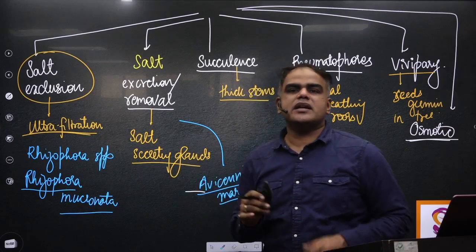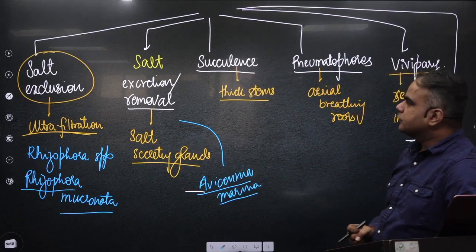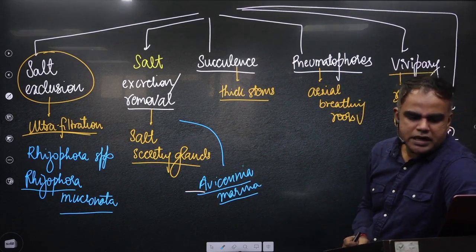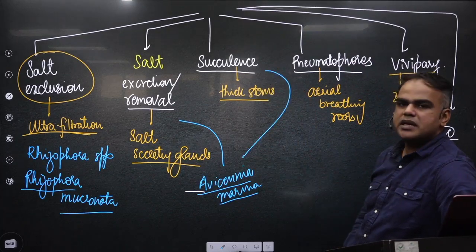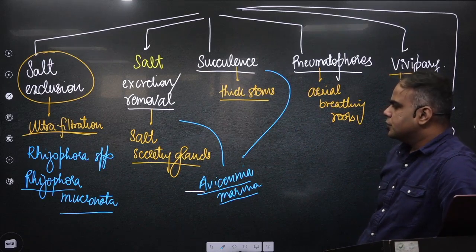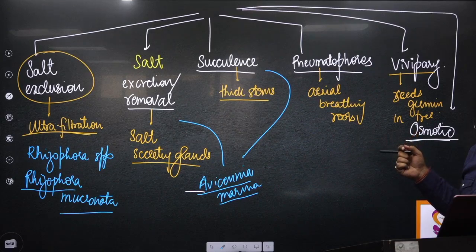From these salt secreting glands, they secrete out excess salt. The same example you can use for succulents also, Avicennia marina. So till now we have seen Rhizophora mucronata and the other example here.